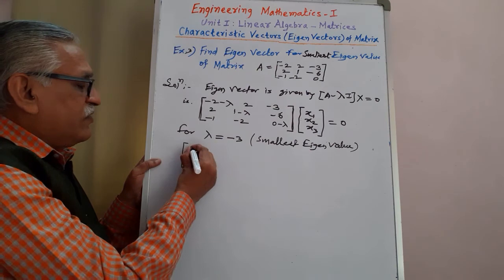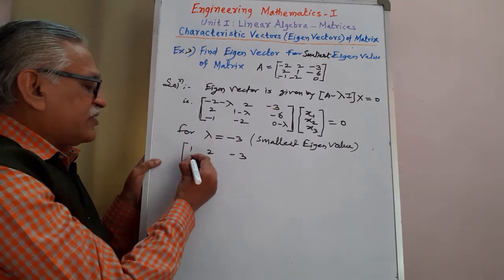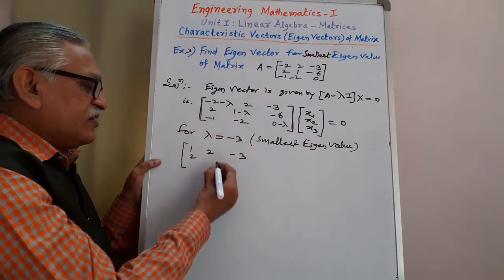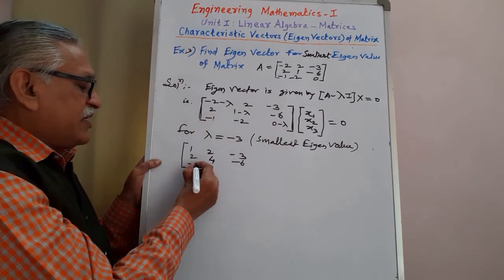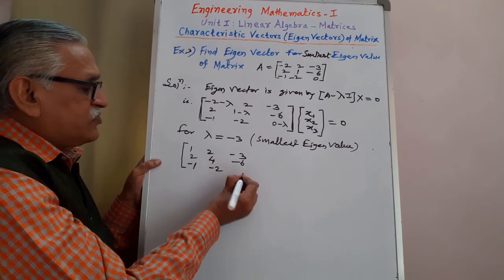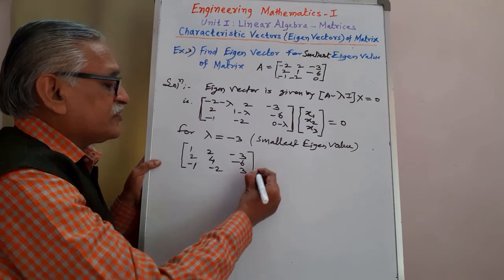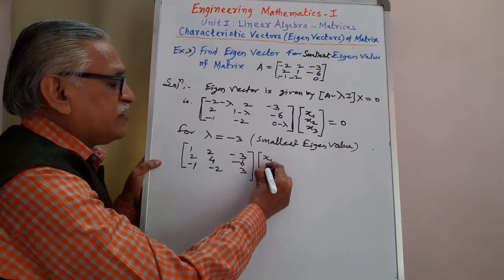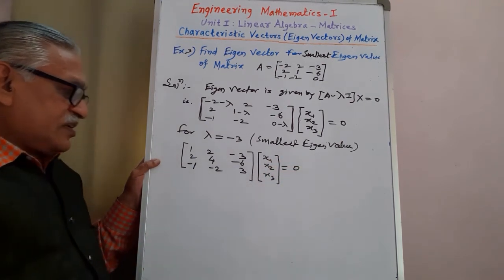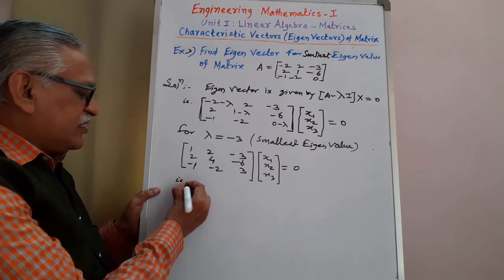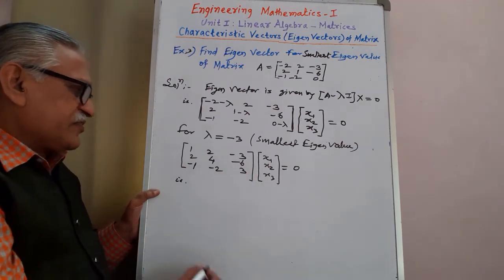We have that matrix as minus 2 plus 3, we get 1, 2, minus 3. Next is 2, 1 plus 3, we get 4, then minus 6, minus 1, minus 2, and 0 plus 3, we get 3, into column vector of x1, x2, x3. This is nothing but taking multiplication of two matrices.